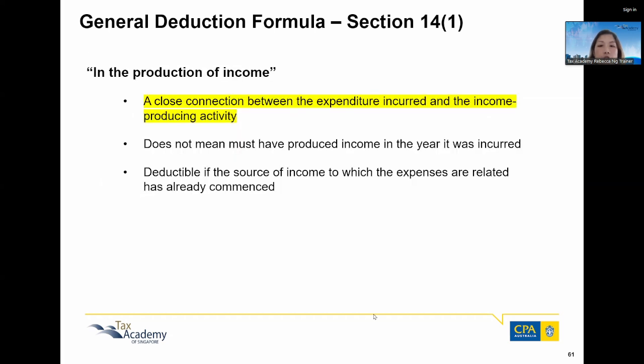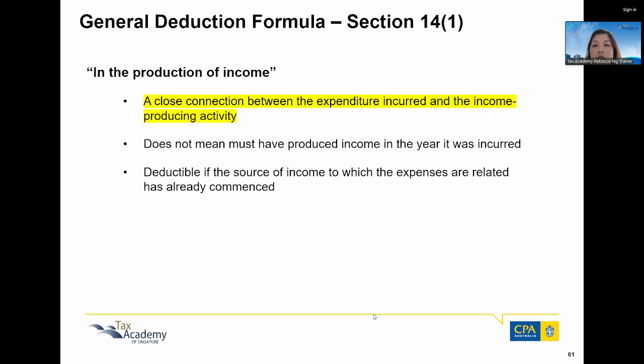And in the production of the income, there must be a close connection between the expenditure incurred and the income-producing activity. So, what is the expenditure that is incurred to produce that particular income?